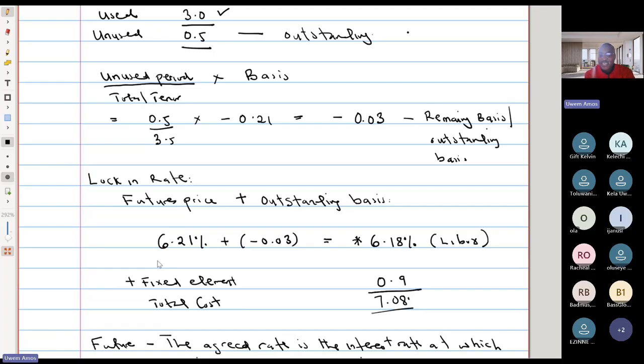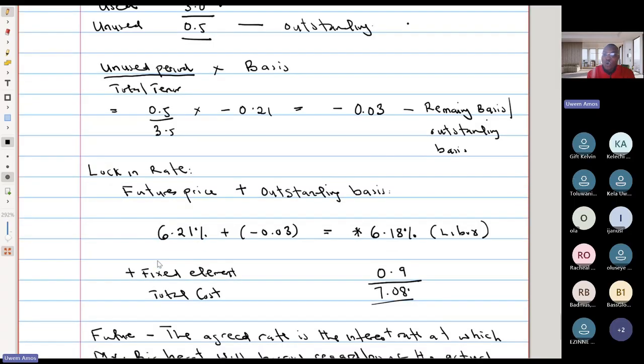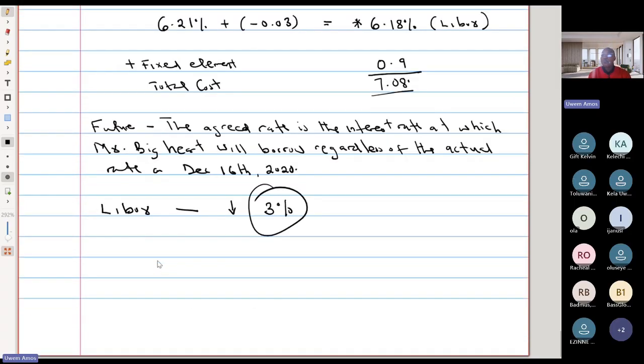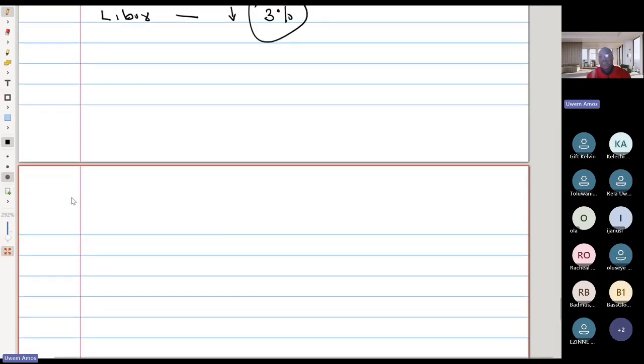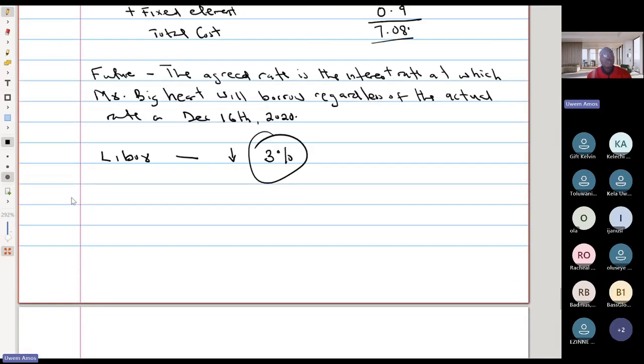So many strategic managers want to have the choice, or what is called an option, to decide whether or not they want to go ahead with the contract on that date. If you enter into a futures, you don't have that choice. You must borrow at 6.18. So if interest rate is even 1%, you must borrow at 6.18, which might not be flexible. So some strategic financial managers want to say, can I have an instrument where I can make a choice?